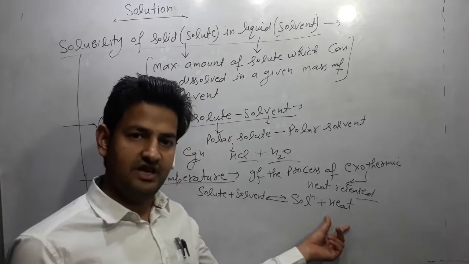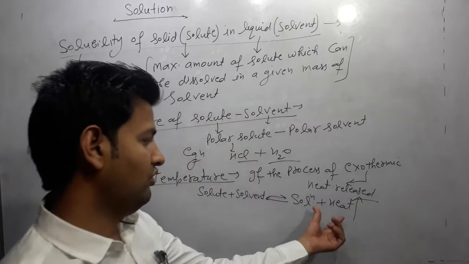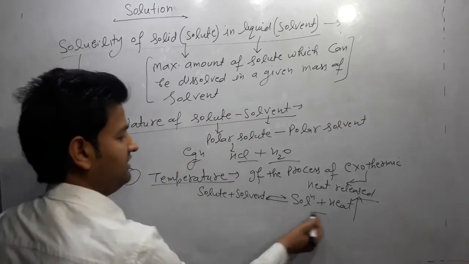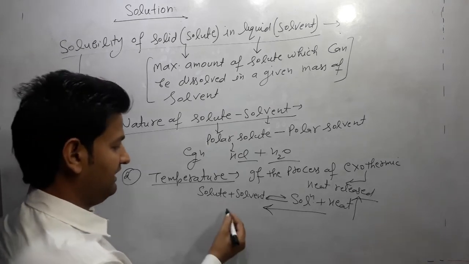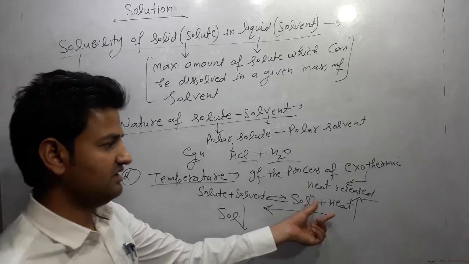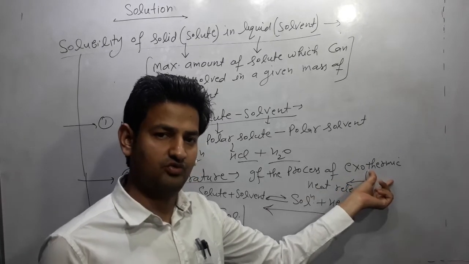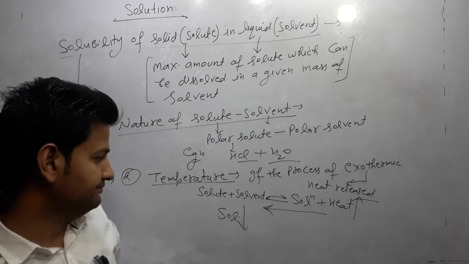If we increase the temperature, it means heat is increased, so this equilibrium will shift in the backward direction. We can say that solubility decreases with increase in temperature in case of an exothermic process, according to Le Chatelier's principle.